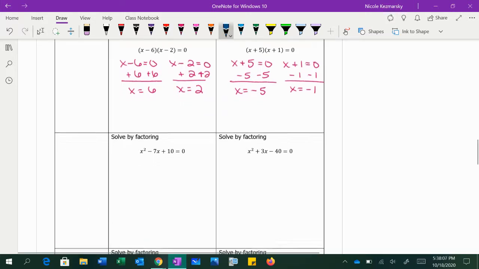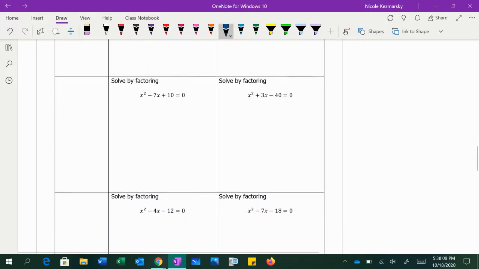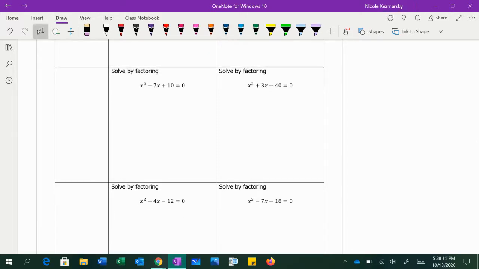So let's try this from the very beginning. We've got to factor first. So I'm going to do a factor list for 10. So 1 and 10, 2 and 5. I need my factor pair to get me a -7. So it looks like -2 and -5 will do it.